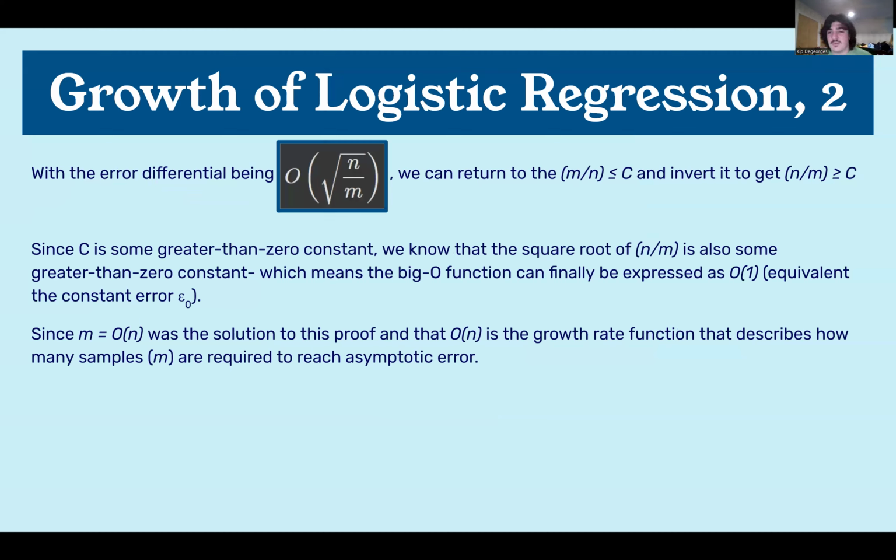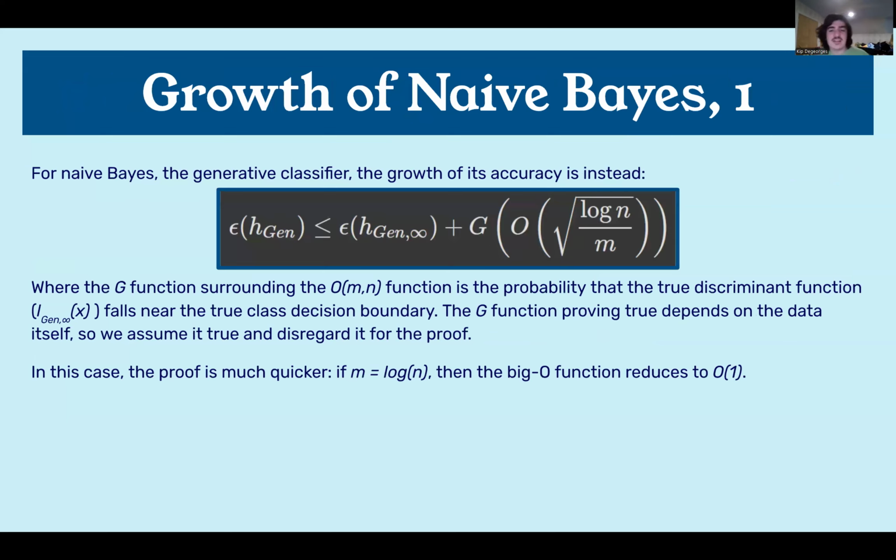And if we use the other division of m equals nc, we have n over m is greater than c. And we plug that in. We know c is a constant, so this is greater than our already positive constant, and so that O is just the square root of 1, or O of 1. So from this proof, we determined that since m equals O of n, they have a linear relationship for the error.